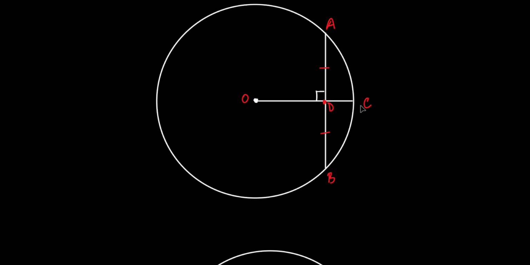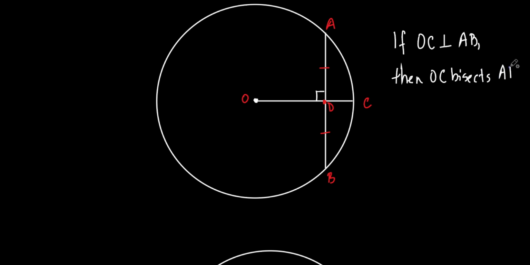So if this radius, watch, if OC is perpendicular to AB, then OC bisects AB. So that's what that first theorem that we talked about says.